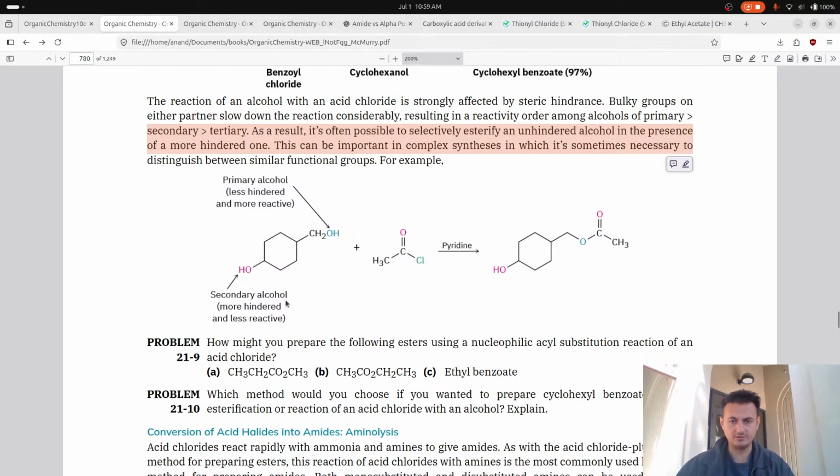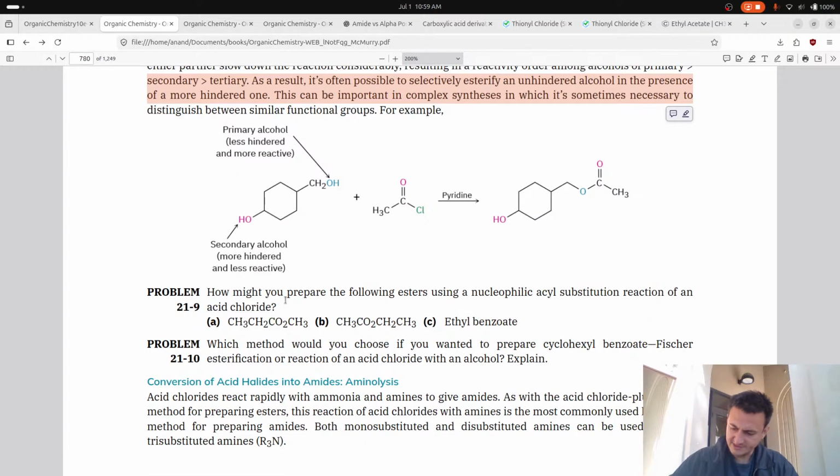Okay, now here we want to form ethyl benzoate. So first we start with benzoic acid, and then we just turn this into an ethyl. So we're going to start with benzoic acid.